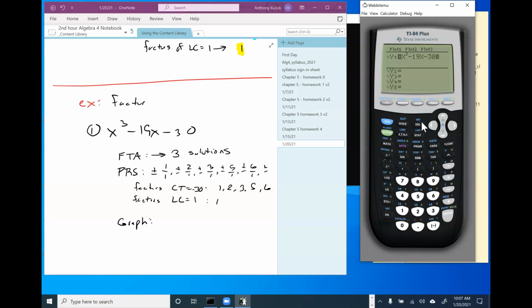Okay. Now as a reminder, when we graph this, the only thing we care about are its x-intercepts. And specifically, the only x-intercepts I care about are the ones on my possible rational solutions list, because those are the only feasible places to start my synthetic division.